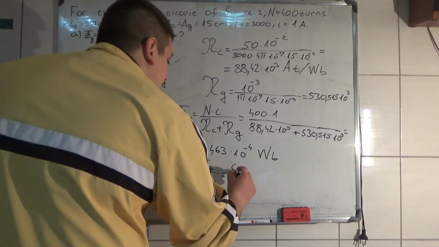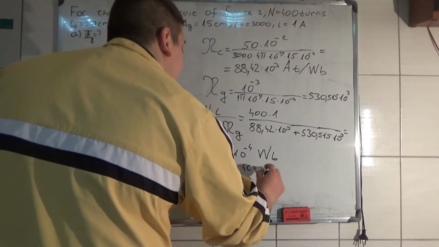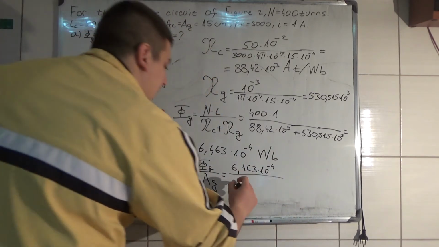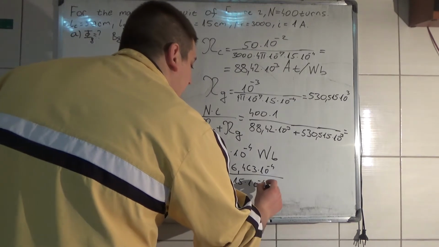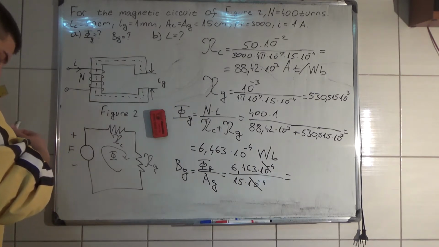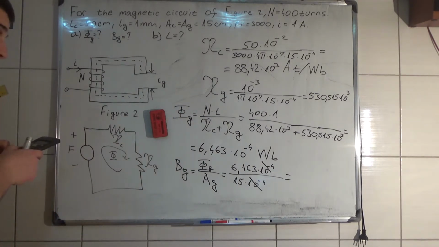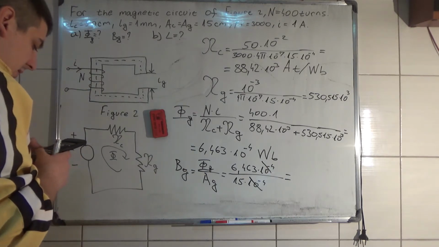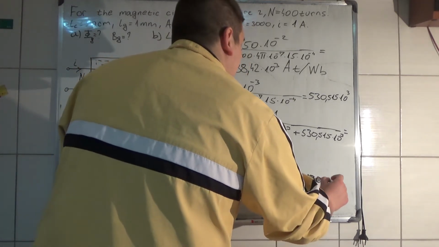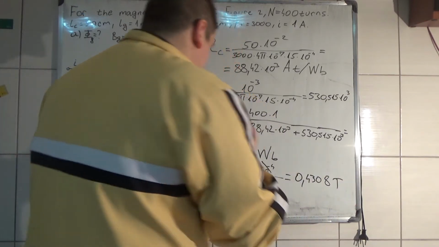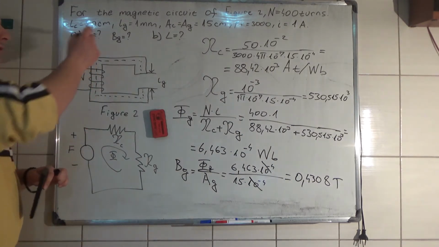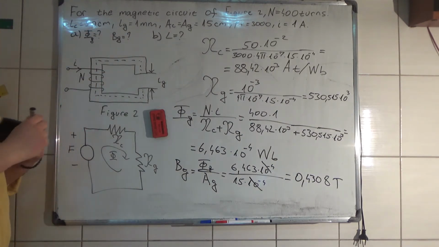That's equal to 6.463 times 10 to the minus 4 divided by 15 times 10 to the minus 4. These two can cancel each other out, and we get 0.43808 Teslas. Yeah, that's correct. Now we calculated the flux and the magnetic flux density in the air gap.